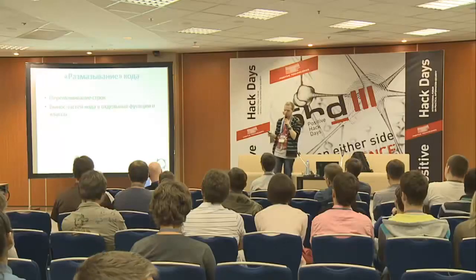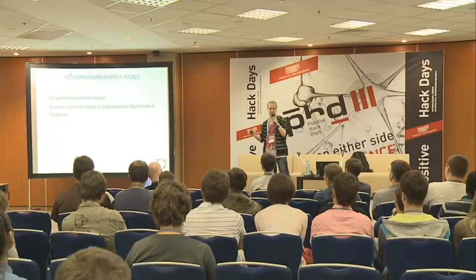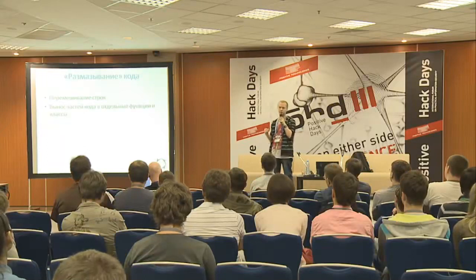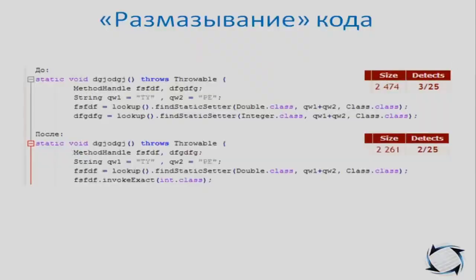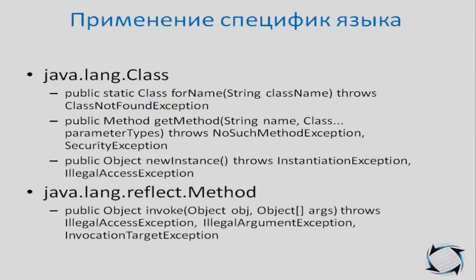We'll be able to change the detect, or put some parts of the code as separate functions and classes, and put them in separate files. So we just simply remove it from the very end of the file till the very beginning, and we have convinced another antivirus with that.